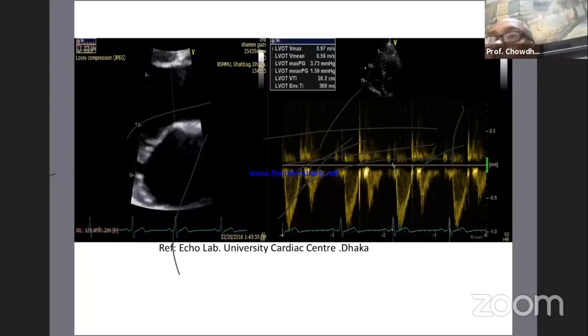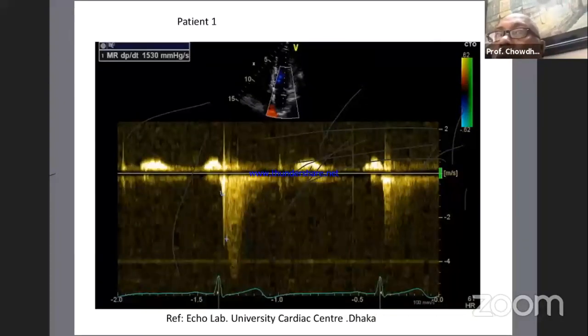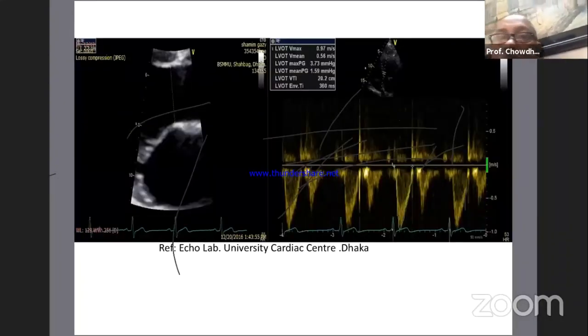Here in this picture, we obtain an apical view; this is actually the 4-chamber view.